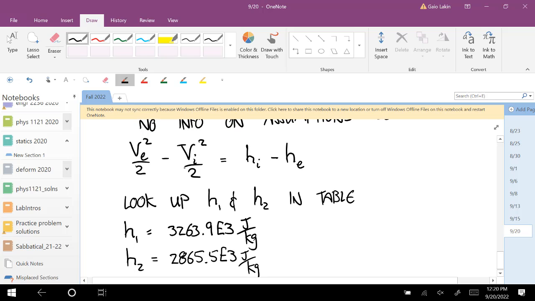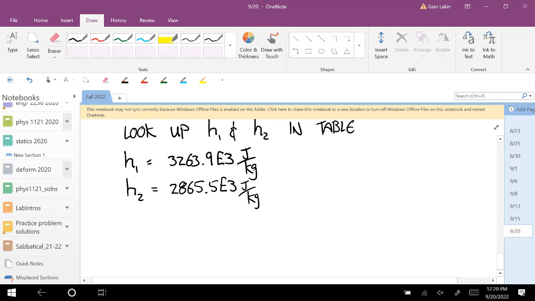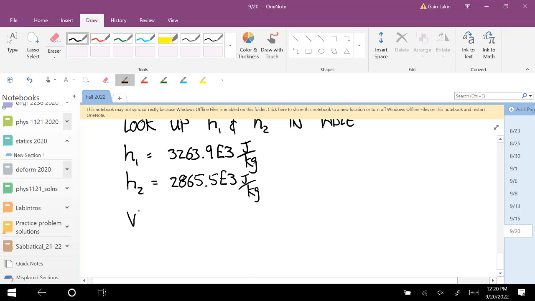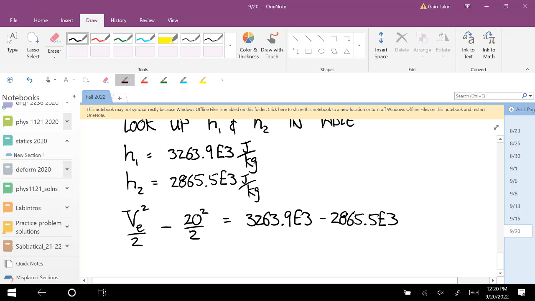We're given that VI is 20 meters per second. So this equation becomes V exit squared over 2 minus 20 squared over 2 is equal to 3263.9 times 10 to the third minus 2865.5 times 10 to the third.